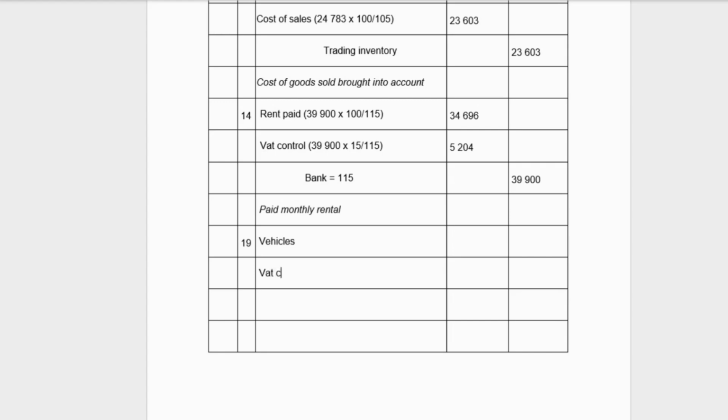VAT control, which is VAT input, okay? And then we are going to credit creditors control because we purchased this vehicle on credit.